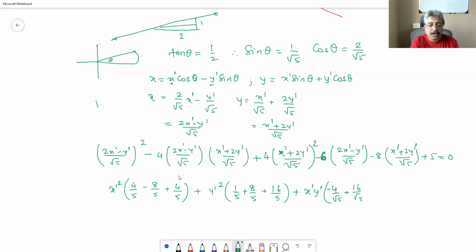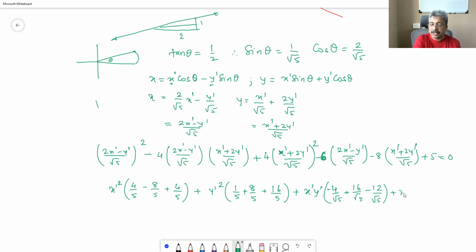And what will be the xy term here? Let us keep 4 outside, then the xy term is 4/√5 minus 1. So 4/√5 minus 1/√5 is 3/√5 multiplied by 4, so minus 12/√5. This is our xy term, right?